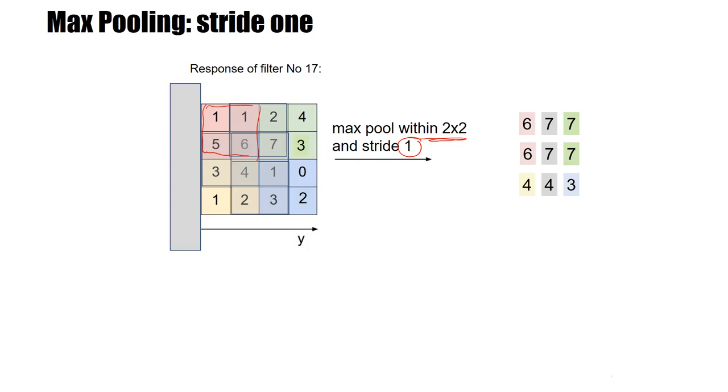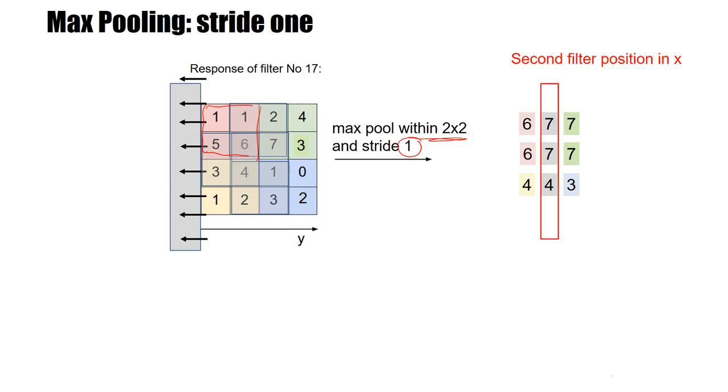So stride 1 has a nice property, which I would like to explain now. So suppose now we focus on this second filter position in the output. And now we imagine that the whole image is shifted by one step to the left.